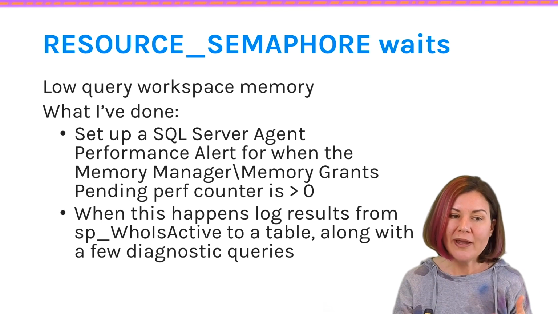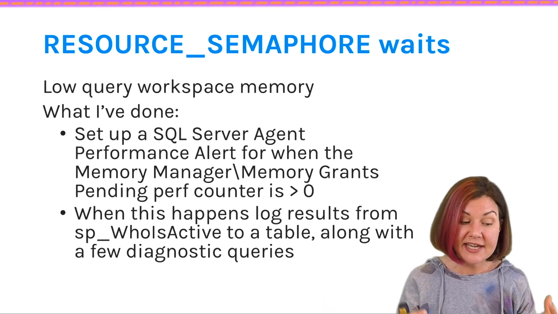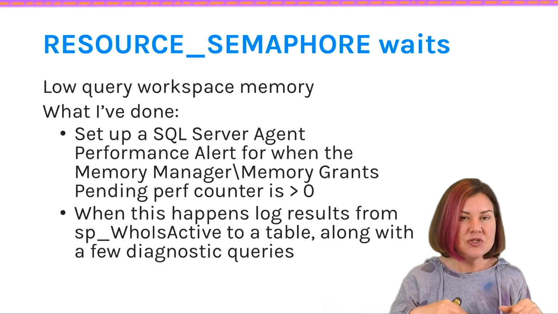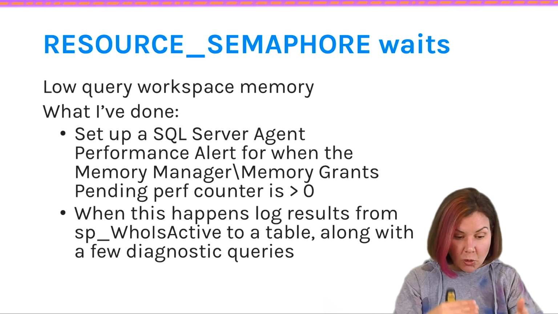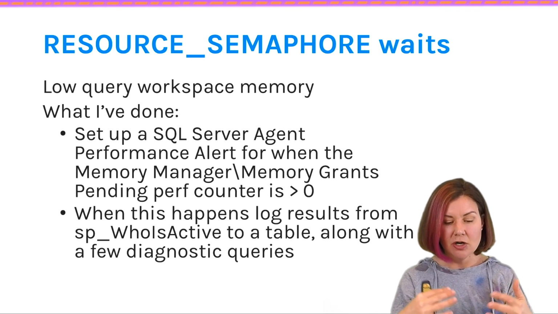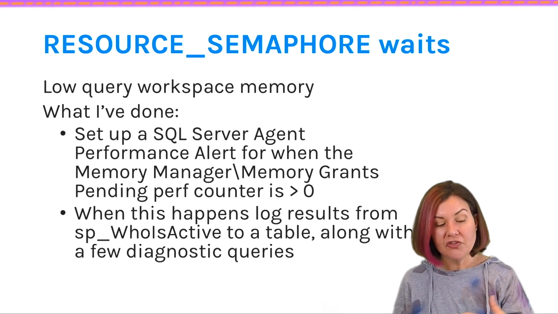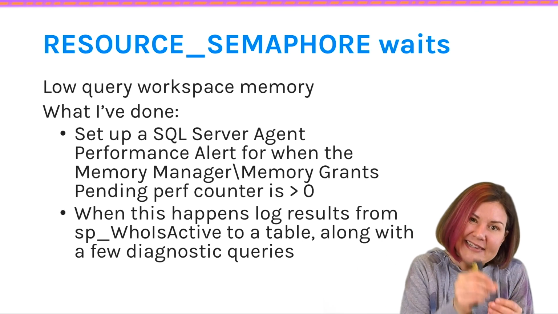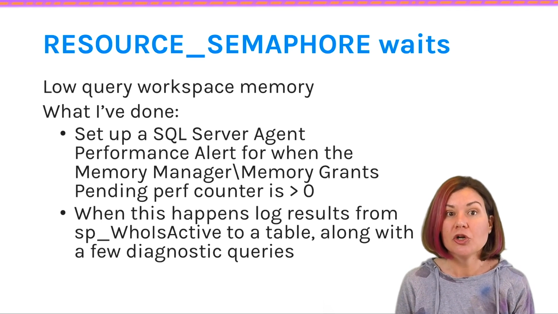On the systems I usually see, we have some resource semaphore waits, and some queries are getting queued. They can't start because they can't get their memory grant. It's really as that builds up and gets worse and worse that even little queries can't run. Usually you can get smaller queries to run.